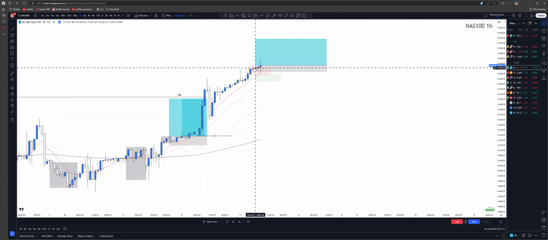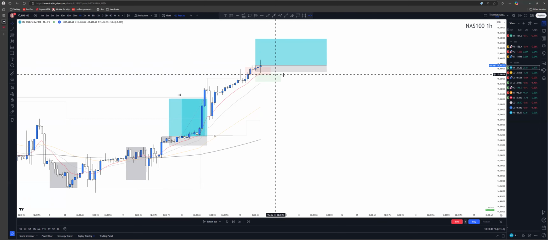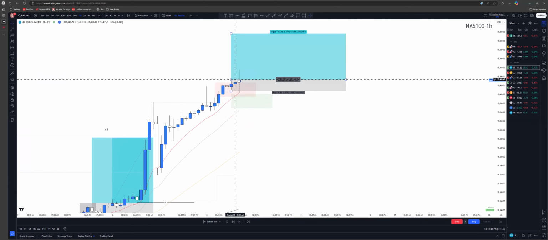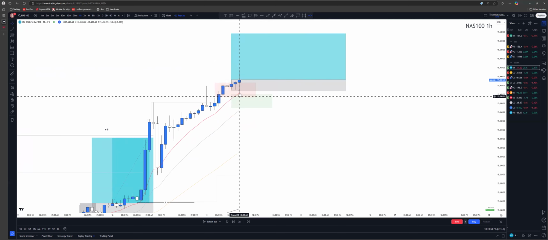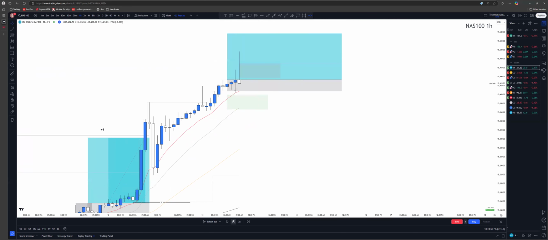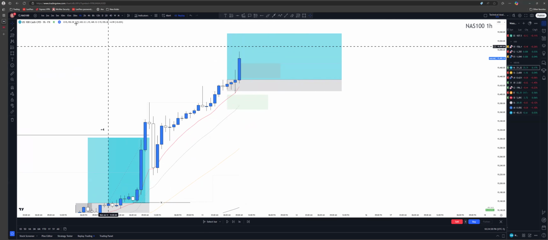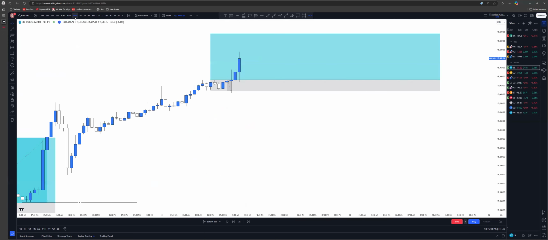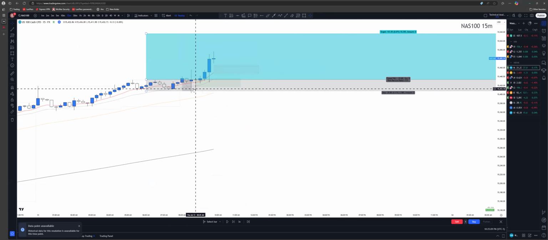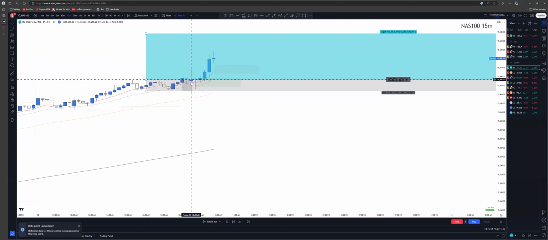Okay. And I don't know how this candle formed. I don't know if it came down and up and then came down or what. How did this candle form? I'm thinking it went down, then went up, and then closed right there.